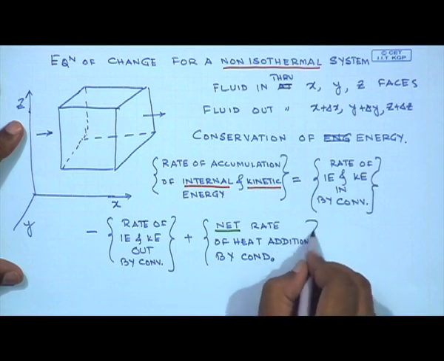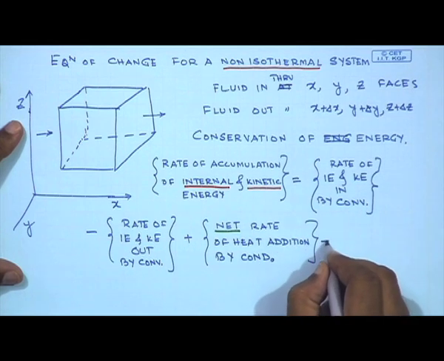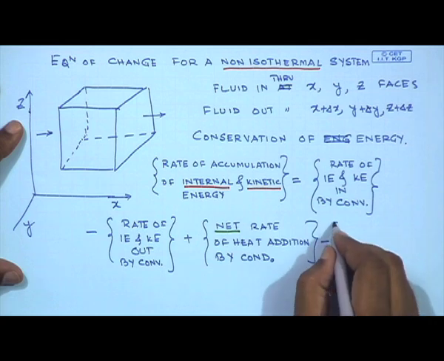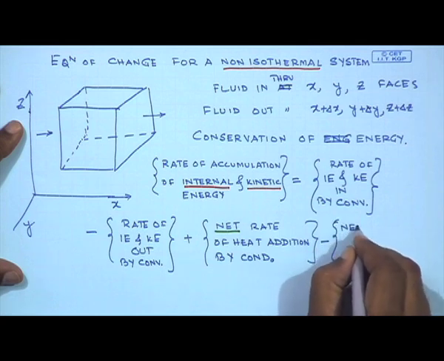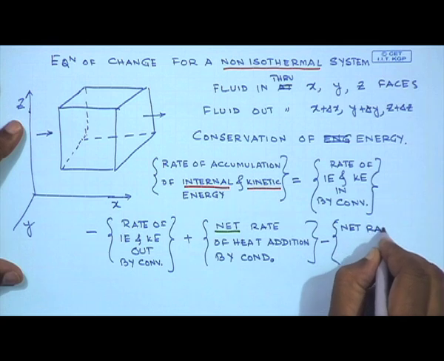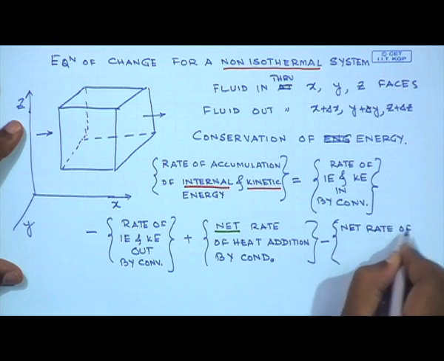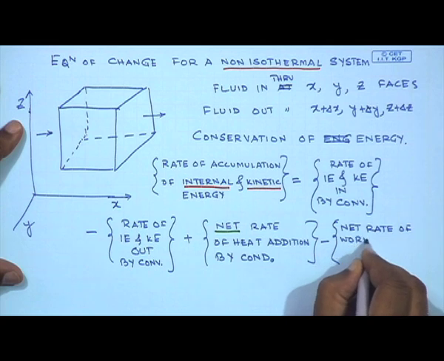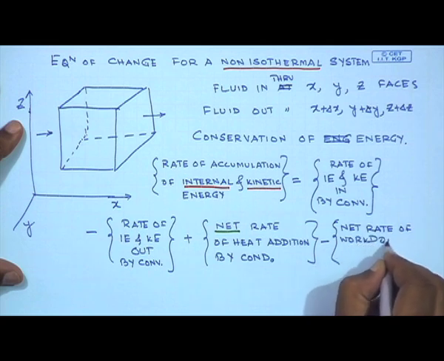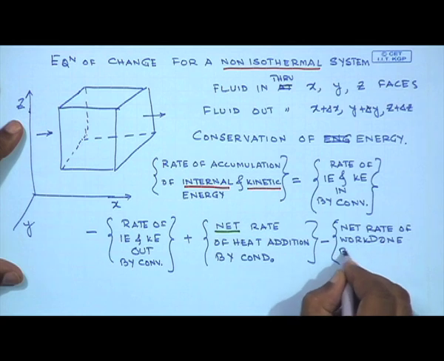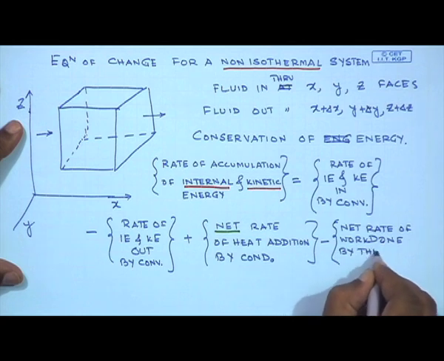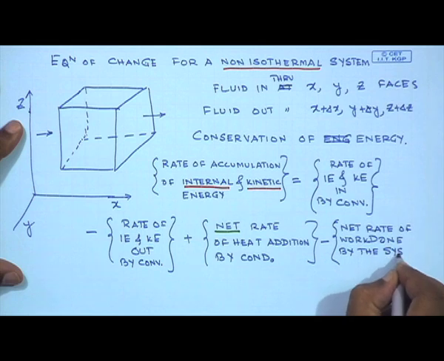However, there is an extra term which we are putting in here, which is the net rate of work done by the system on the surrounding.